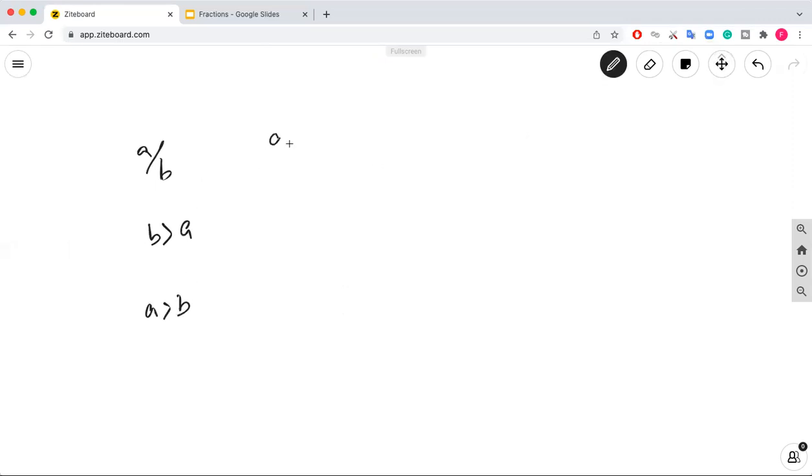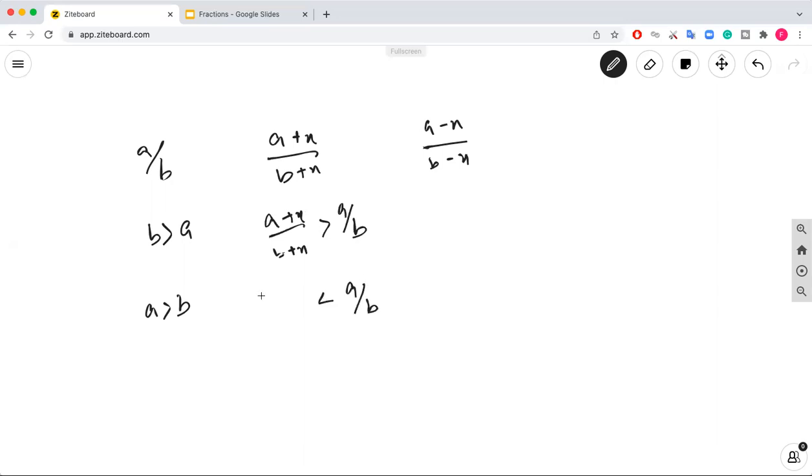And we have a plus x over b plus x and a minus x over b minus x, right? In the first scenario, a plus x over b plus x is greater than a over b. But in this scenario, a over b is greater than a plus x over b plus x. And in this scenario, a minus x over b minus x is less than a over b.